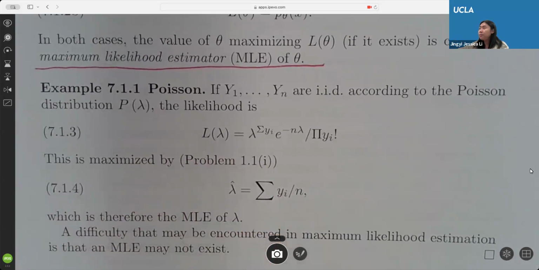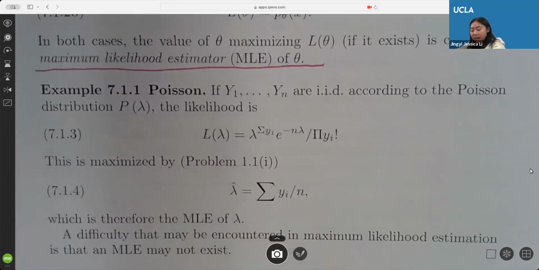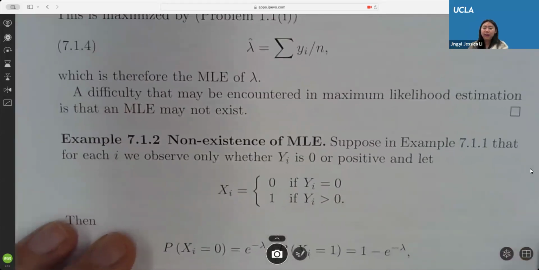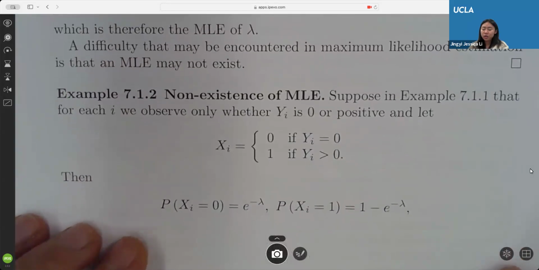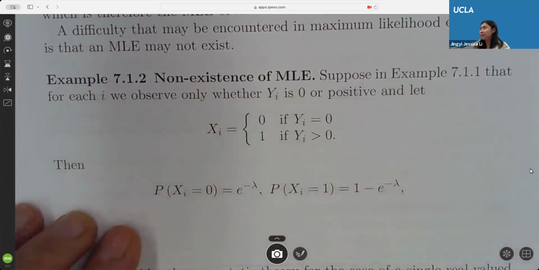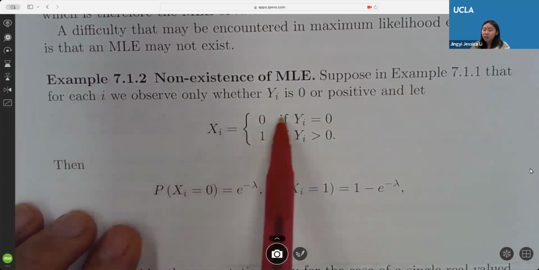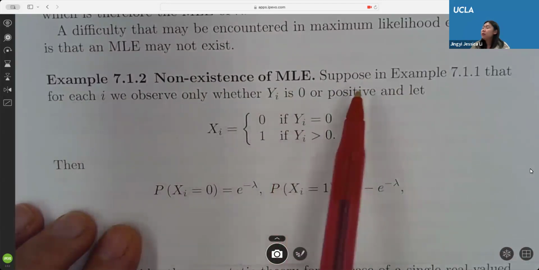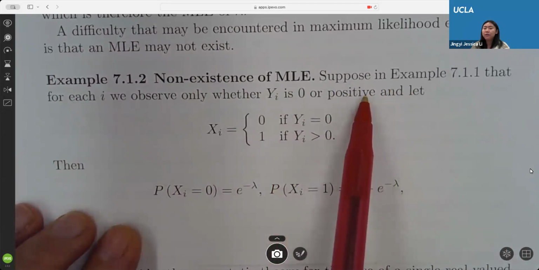However, there could be a non-existence of MLE. Why would that happen? This is something you may not have seen before in an undergraduate context. This is the case where your sample is not perfect, but is missing information, or incomplete information. For each i, we only observe whether yi is 0 or not, instead of the actual positive values of y.